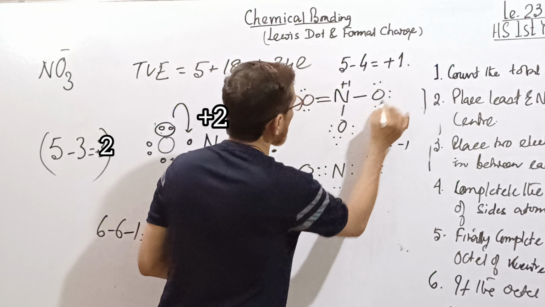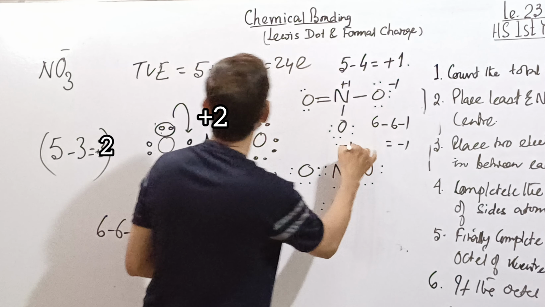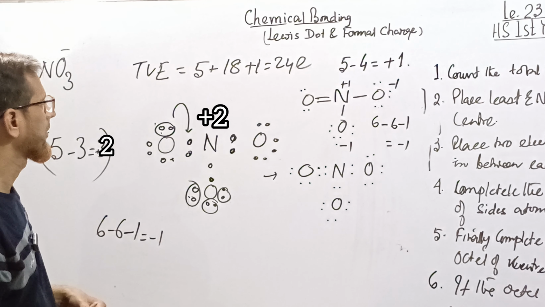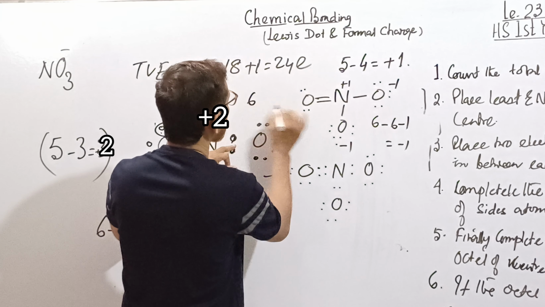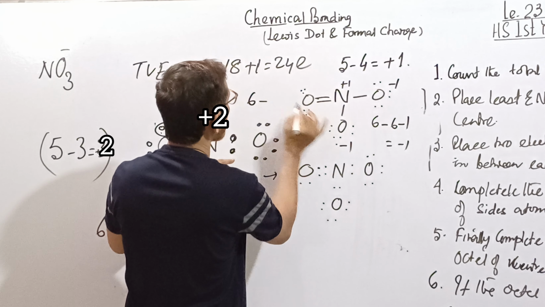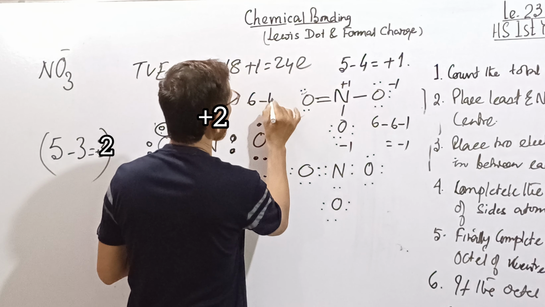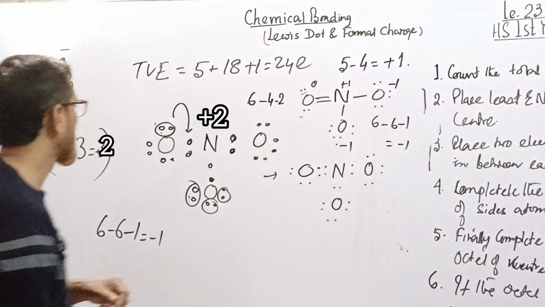So this is minus 1 and this is minus 1. And here, 6 minus lone pair electrons, which is 4, and bonds 0. Here you are getting 0.